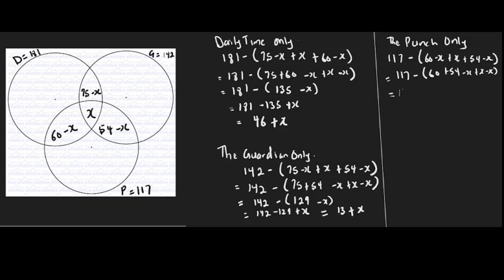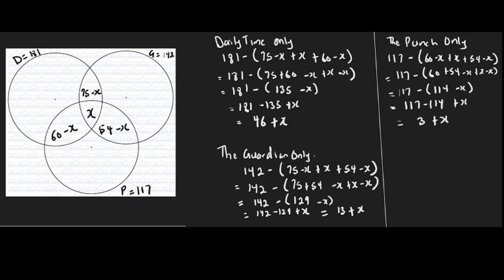Then 60 plus 54 is going to give us 114, minus x cancelled, plus x, that's gone. Then we have minus x. Then this will give us 117 minus 114, minus times minus, then we have plus x. 117 minus 114 is going to give us 3 plus x.